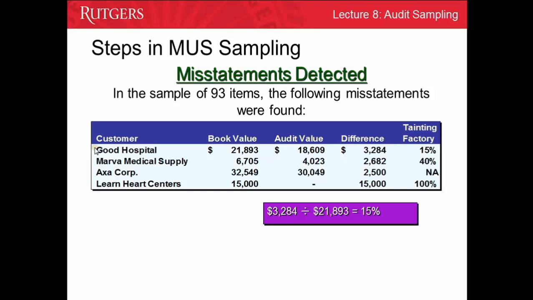For example, in this case, the Good Hospital Corporation account is overstated by $3,284. Thus, the tainting factor for the account would be 21,893 minus 18,609, which equals 3,284. Then we divide this number by the 21,893. Then we get the tainting factor equals 15% or 0.15.